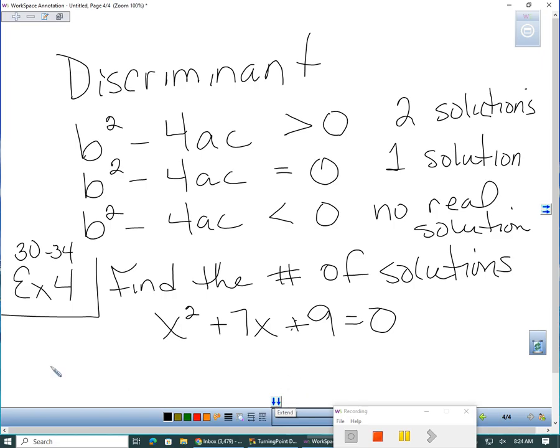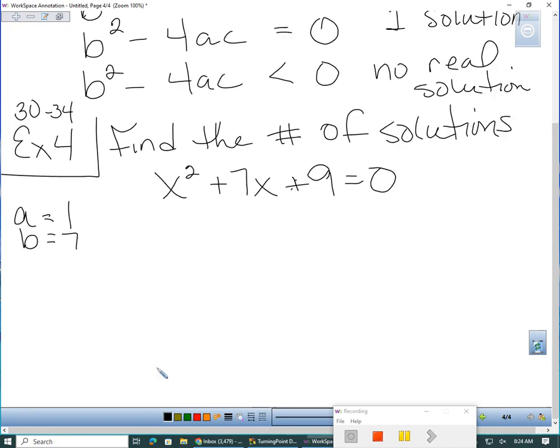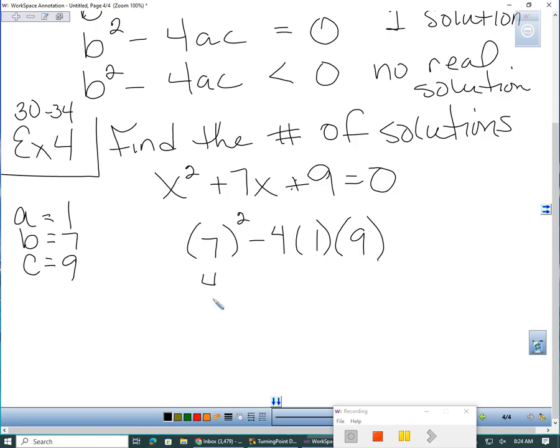All right, so a equals 1, b equals 7, and c equals 9. So we do b squared, or 7 squared, minus 4 times a times c. So this is 49 minus 36 equals 13. Is that positive, equal to 0, or negative? Since it's positive, we have 2 solutions.